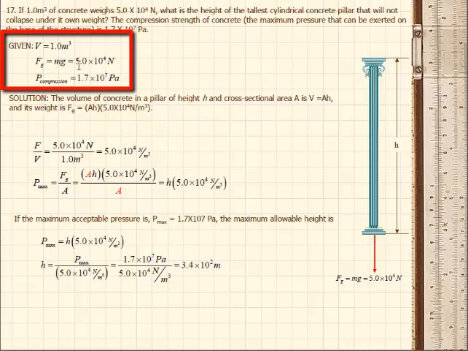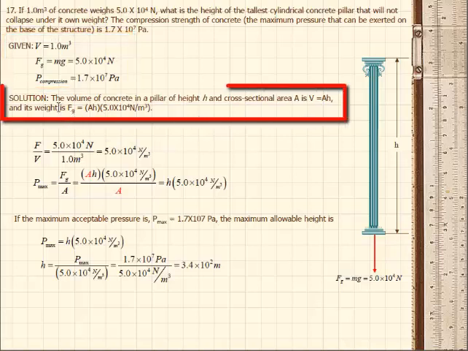We have the 5 times 10 to the 4th Newton for the weight of the pillar, and we have a compression that we're using to solve of 1.7 times 10 to the 7th Pascal. So for this solution, the volume of concrete in a pillar of height h, unknown, and the cross-sectional area, which is given to us as the area, the volume is equal to the cross-sectional area times the height.